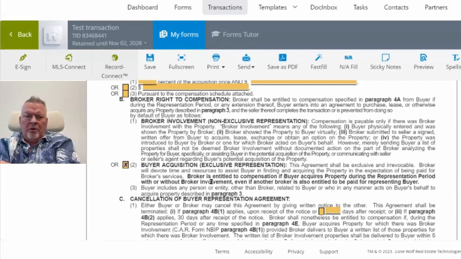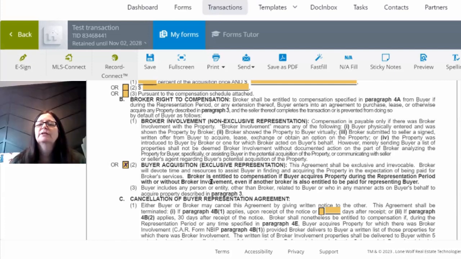Well, on both, whether non-exclusive or exclusive, you should do your due diligence on which properties you presented to your buyer and which ones you actually showed and talked about. Absolutely. Because even on the non-exclusive, at least we know there's another agent that could be involved.